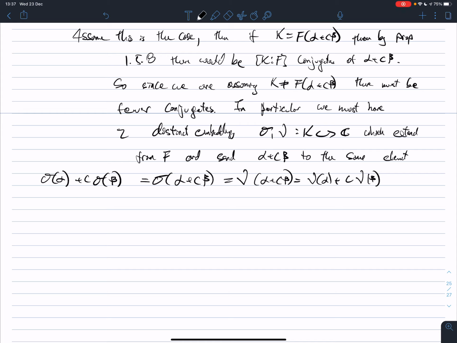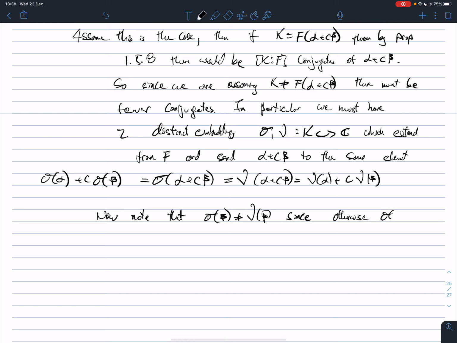So we have this equality, and now note that sigma of beta has to be different from eta of beta, since otherwise, if this and this were the same, then this and this would have to be the same.